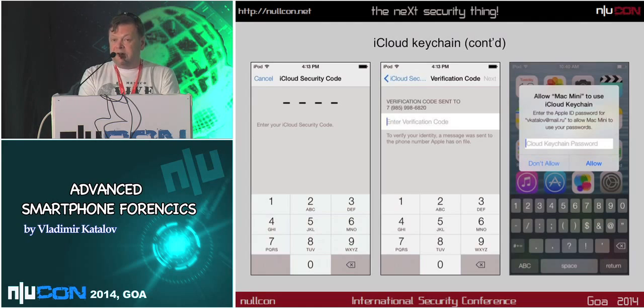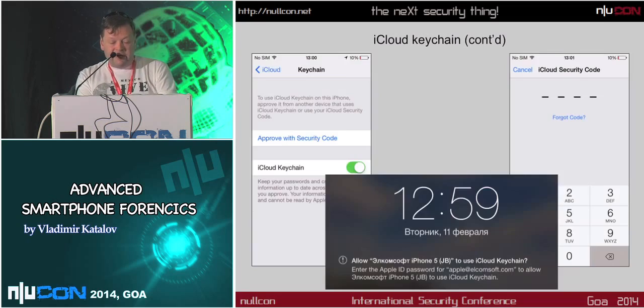And if you press allow, then there will be no need to enter the security code or verification code on the main device, because the push notification is sent to this device. Here is the screenshot again.